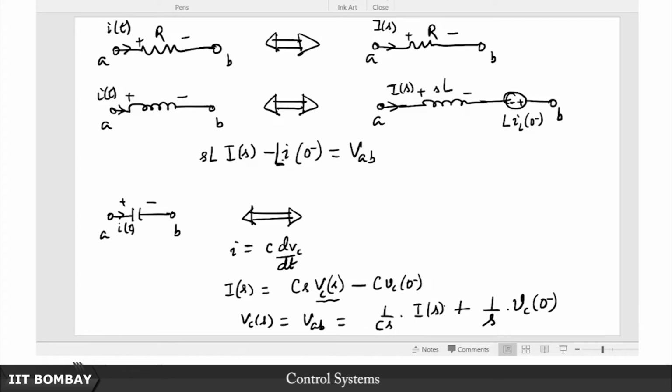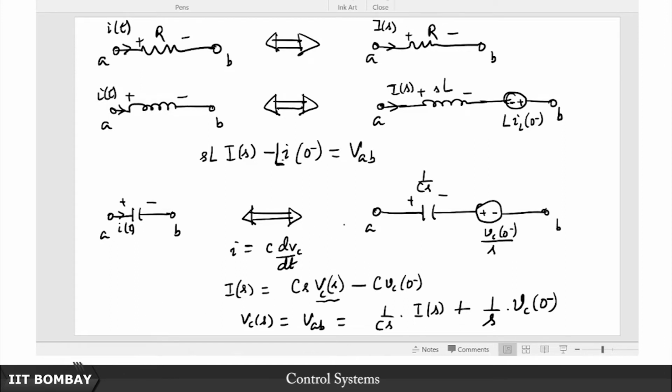Now you see that the polarities are the same, they get added together. So you replace this not with just the capacitor, you have to have this as well as a voltage source here whose polarity supports this, and the magnitude is nothing but vc(0-) over s. So these are the equivalents.